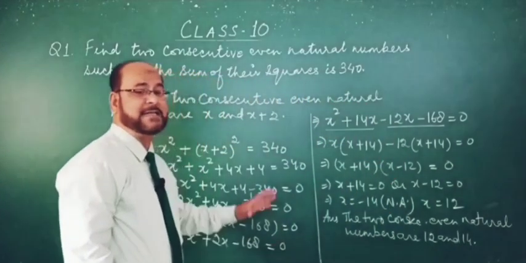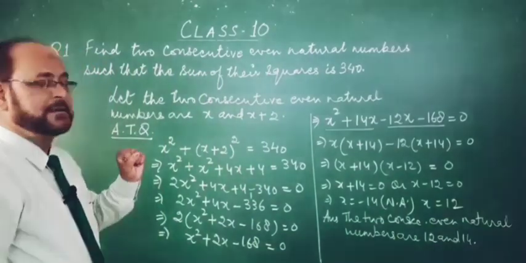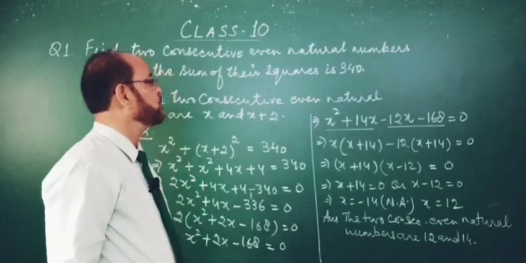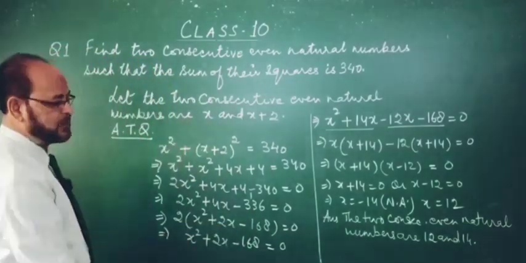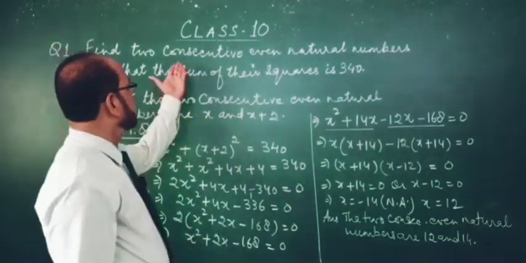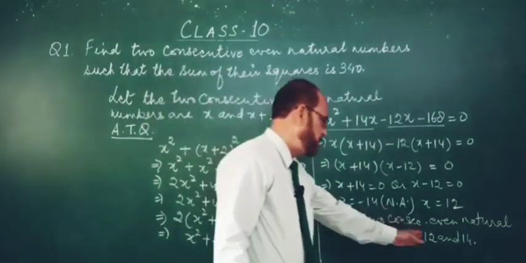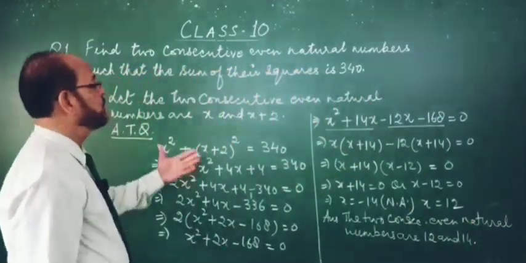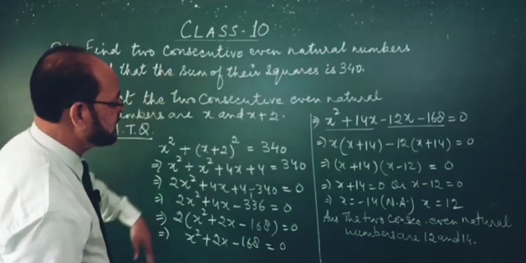And after getting the answer, check whether your answer is right or wrong. So what you will do? Just follow the condition. What is given? Consecutive even natural numbers. Yes, of course they are consecutive even natural numbers, 12 and 14. Now what is the second condition? The sum of their squares.